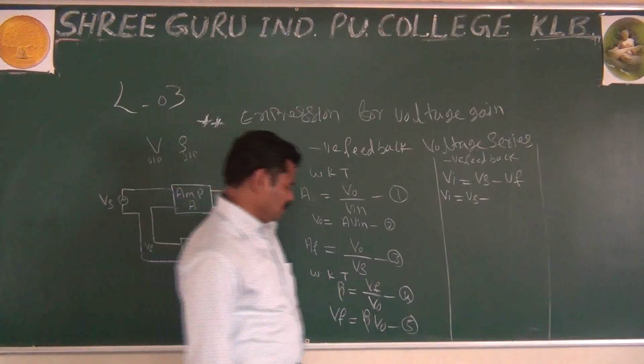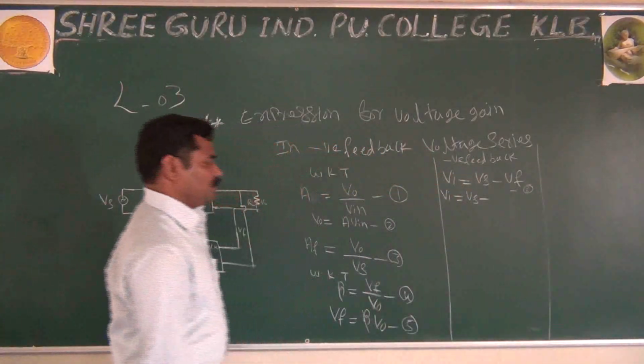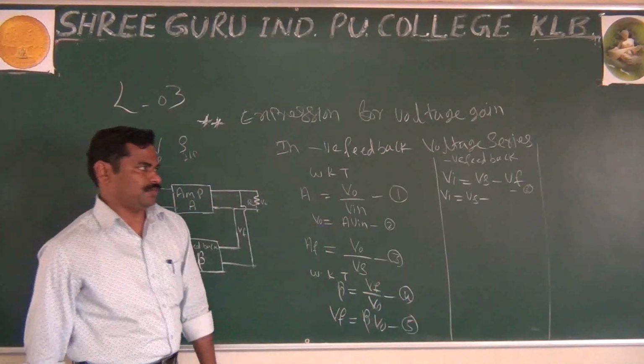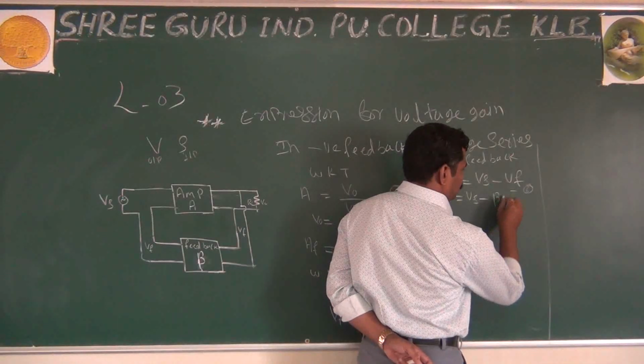Now I can write equation number 6. You substitute equation 5 in equation 6, then it becomes Vi equal to Vs minus beta into V0.